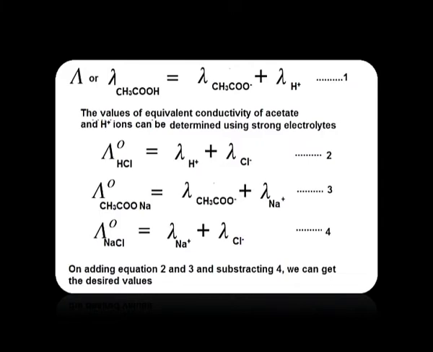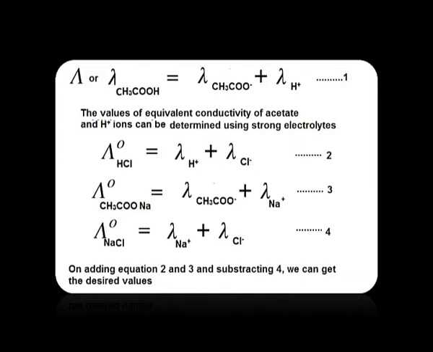The values of equivalent conductivity of acetate and hydrogen ions can be determined using some strong electrolytes. For example, if we take HCl, it will ionize as H plus and Cl minus.